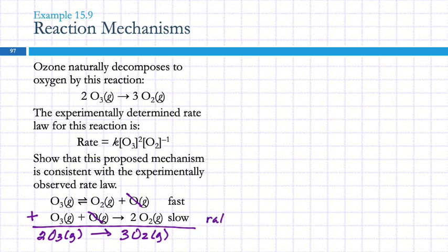So the rate law for this slow step is going to equal some rate constant times the concentration of O3 times the concentration of O. O3, there's only one of those, and O, there's one of those, so these are first order for each.